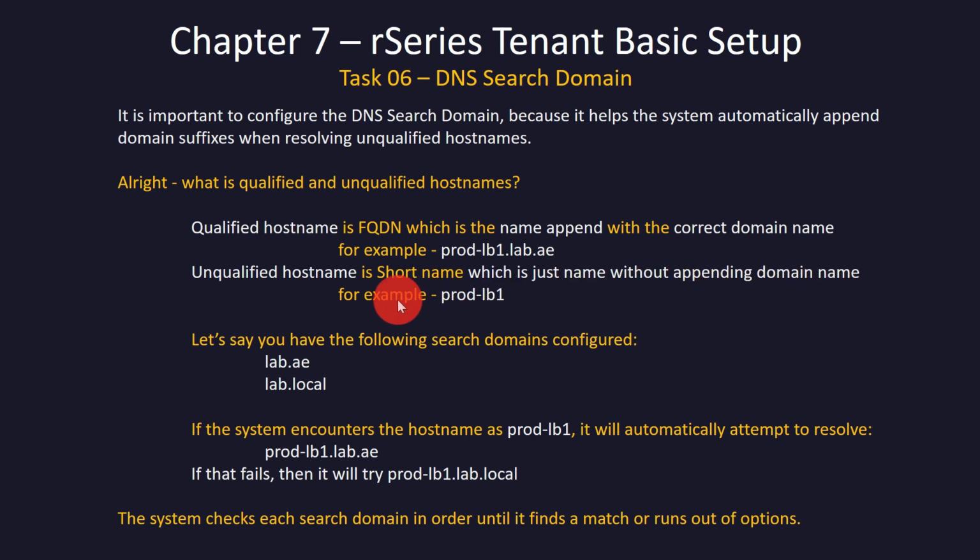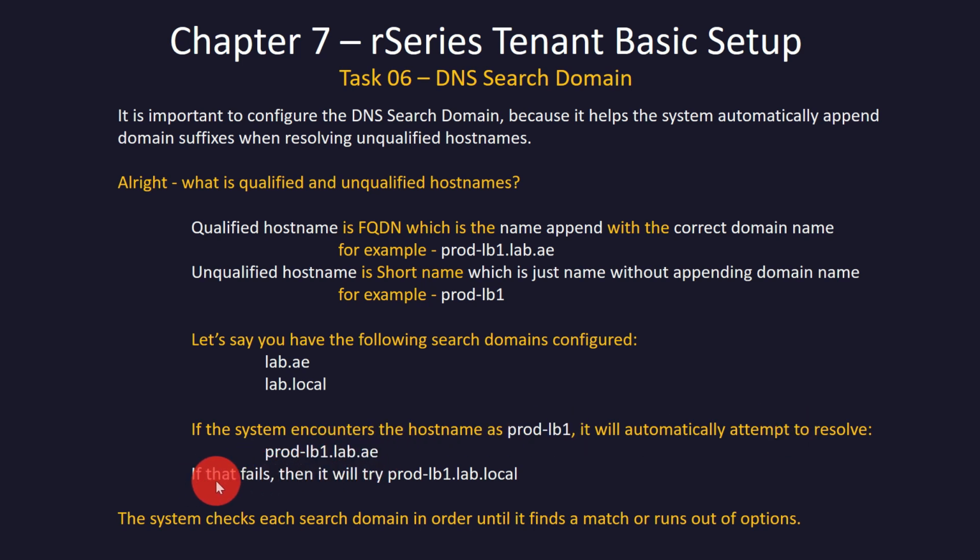For example, prodlb1. Let's say you have the following search domains configured in the tenant, which are lab.ae and lab.local. If the system encounters the hostname as prodlb1, it automatically attempts to resolve prodlb1.lab.ae.